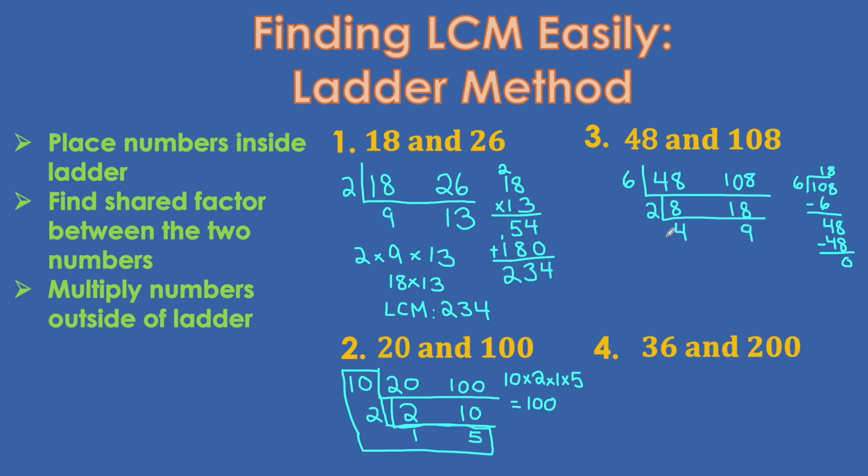Now we're going to multiply the numbers outside of the ladder here. We're going to multiply 6 times 2 times 4 times 9.